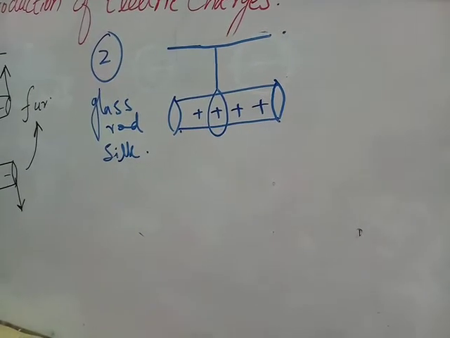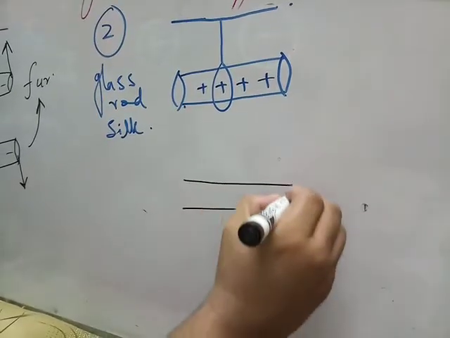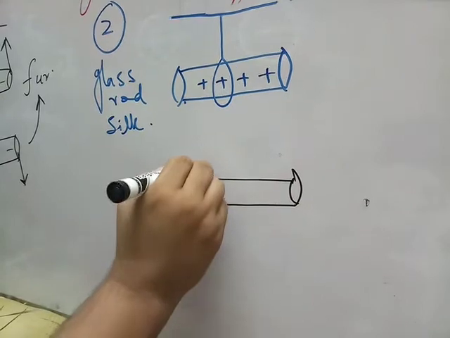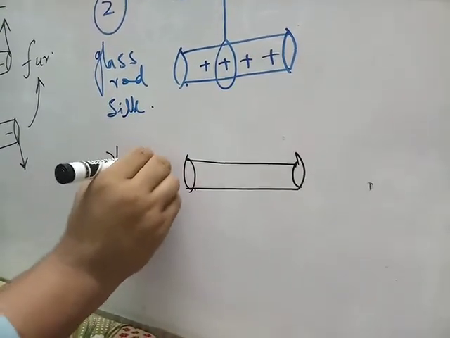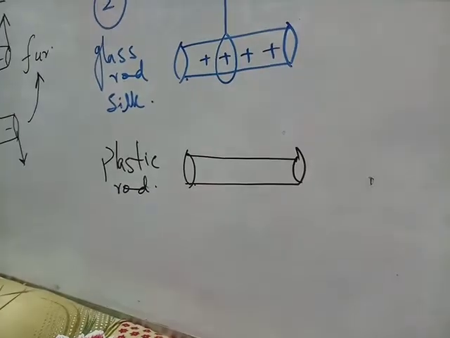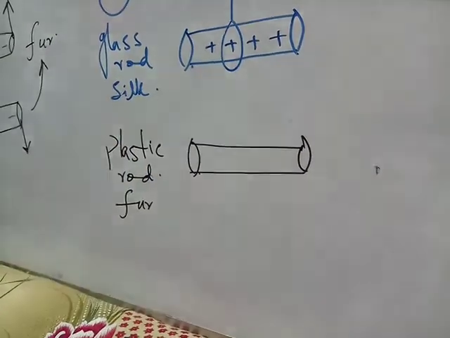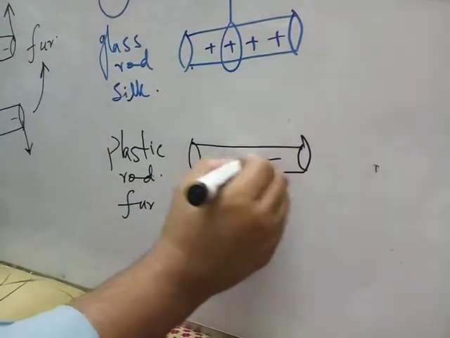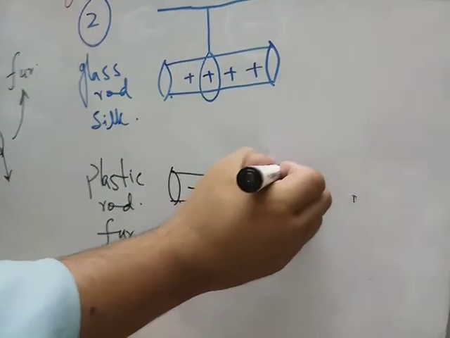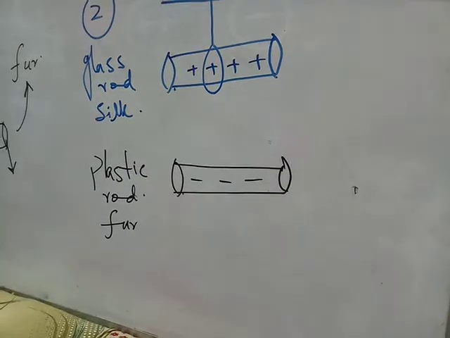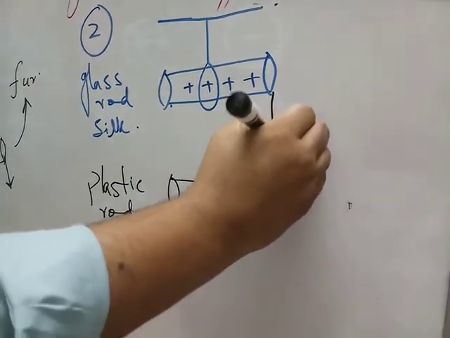And we take another rod, which is a plastic rod, and rub this plastic rod with fur. It means this plastic rod is negatively charged. So when we bring the plastic rod near the glass rod, they attract each other.